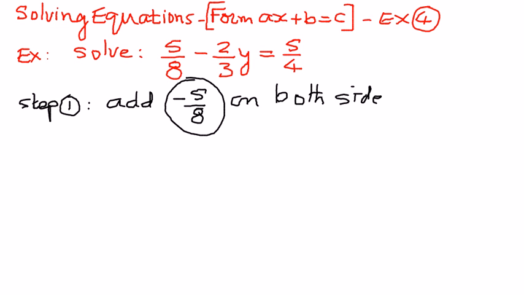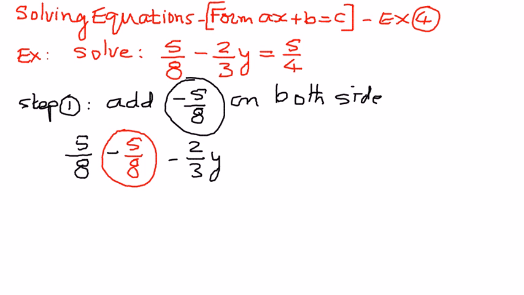So when we do that, this is what happens. 5 over 8 minus 5 over 8, and this is what we're going to add. And then we also have negative 2 over 3y is equal to, on the right hand side we have 5 over 4 already, and then we're going to subtract 5 over 8.